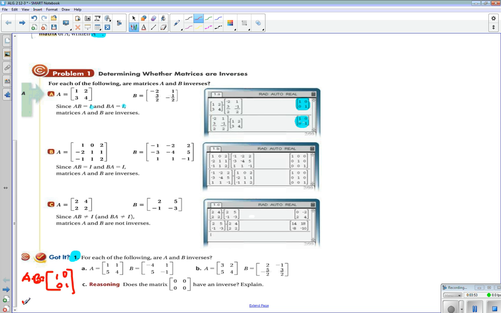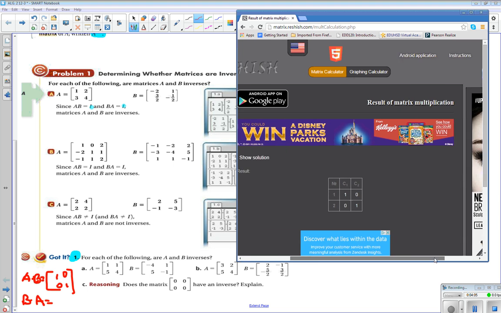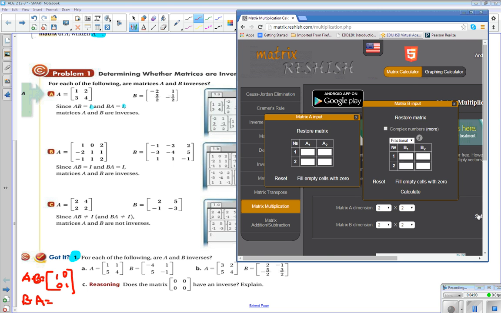Now I have to check it for B times A. All right, so let's put these in again, but I'm going to put B in first.